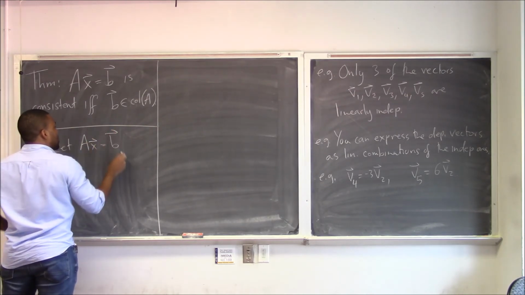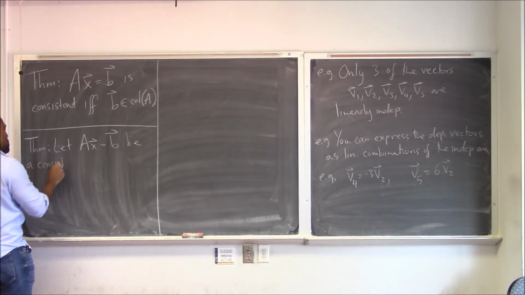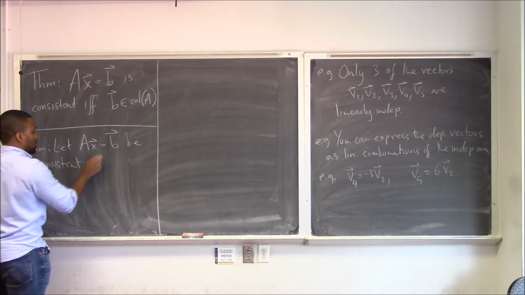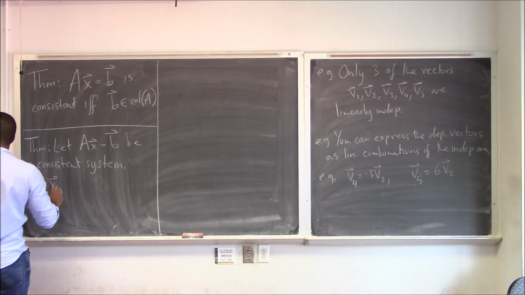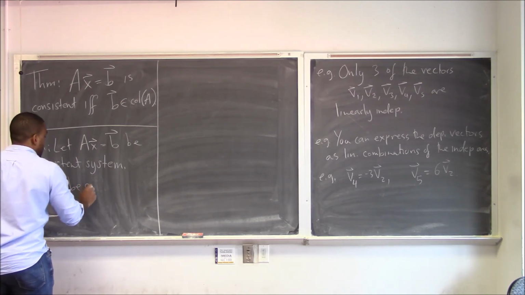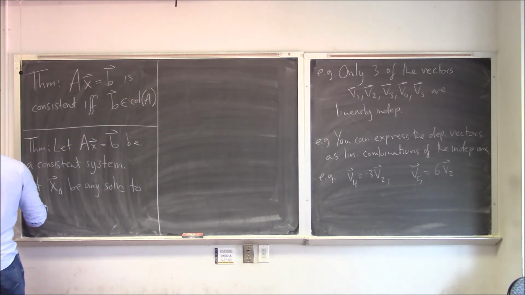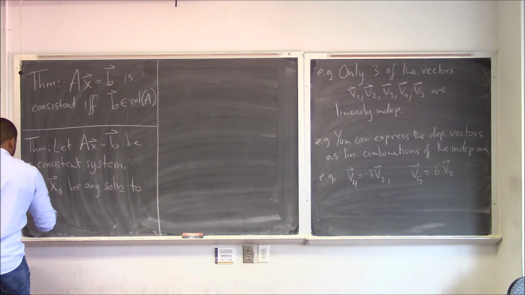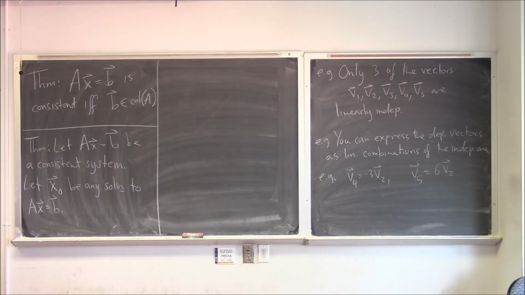So let AX equals B be a consistent system. So this is a system where we know there's a solution. And let x naught be any solution to AX equals B. So I know it has at least one solution.